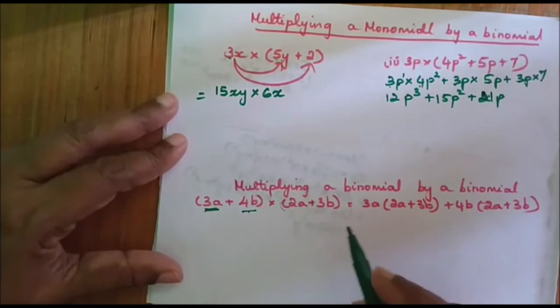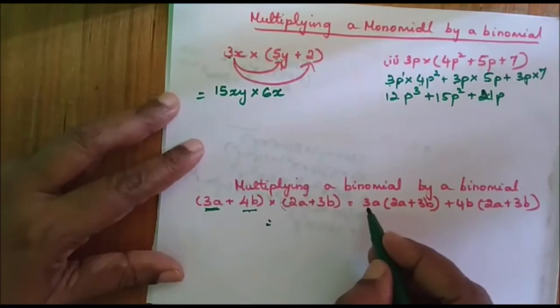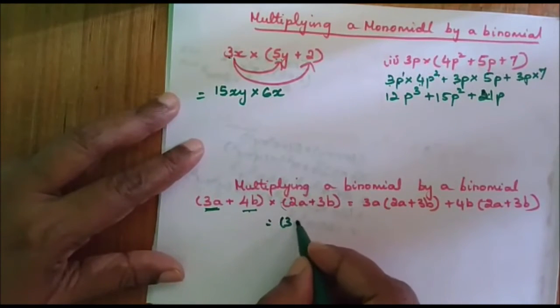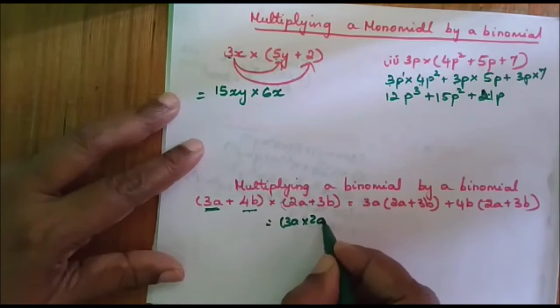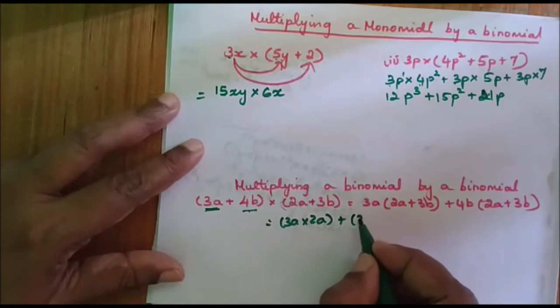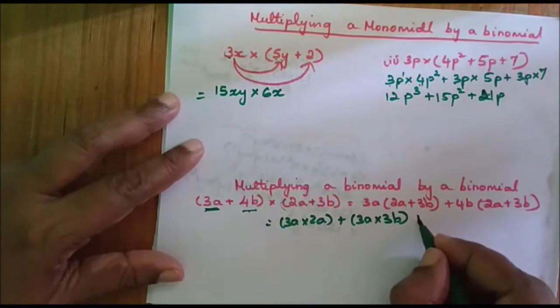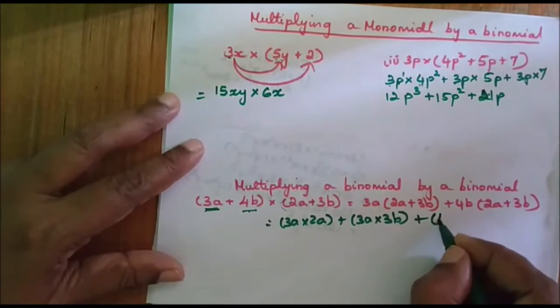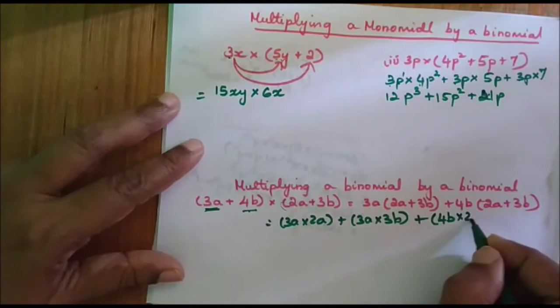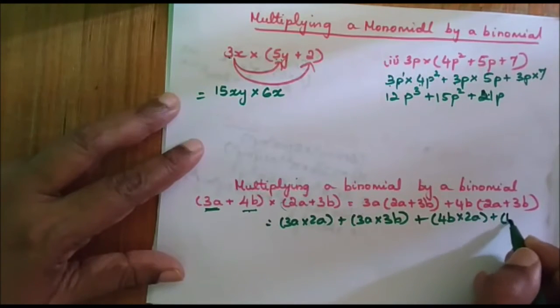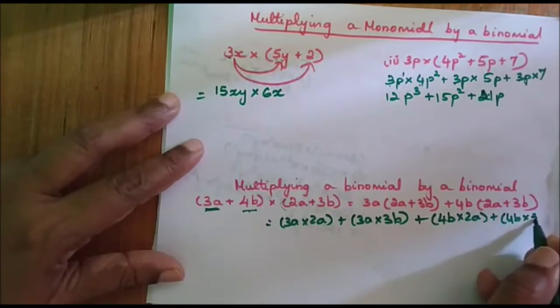Let us further see how we do it. This is nothing but 3a into 2a plus 3a into 3b, right? Similarly, here I have 4b into 2a plus 4b into 3b.